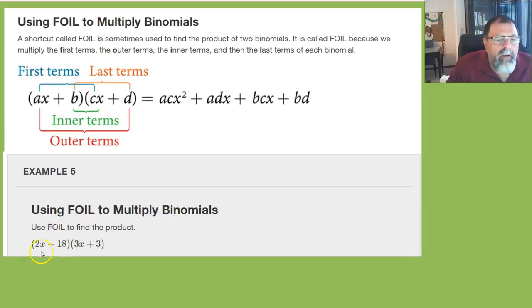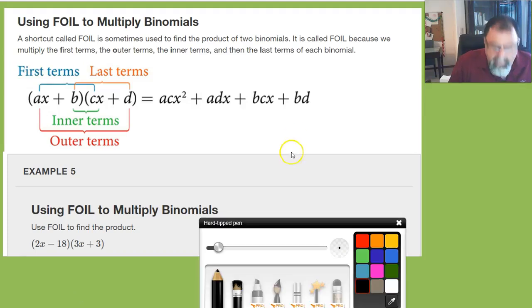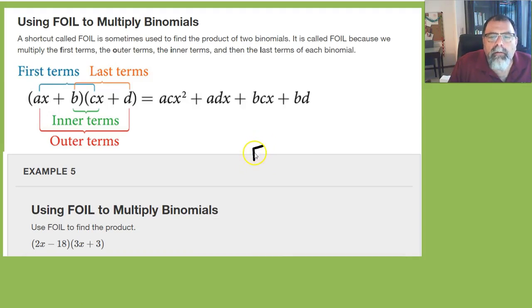Use the FOIL method to find the product, 2x minus 18 times 3x plus 3. So we got two binomials. So I'm going to take the first terms, which would be the 2x times the 3x.